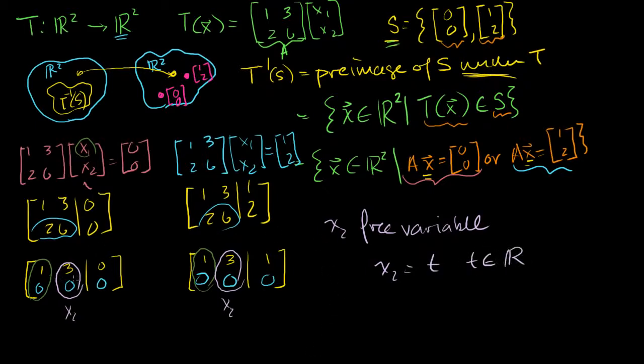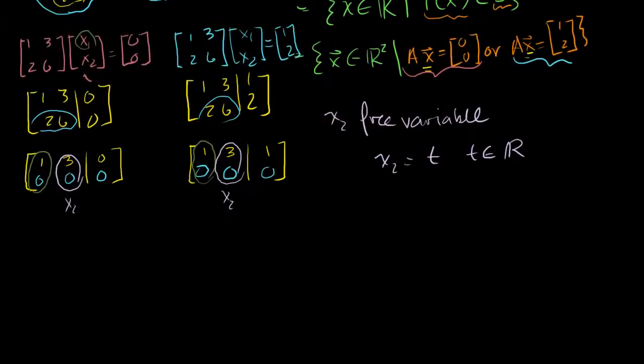In this case, what is x1 going to be equal to? So here, this top equation says, if we just go back to this world right here, this means that x1 plus 3x2 is equal to 0. This top line right here says x1 plus 3x2 is equal to 1.